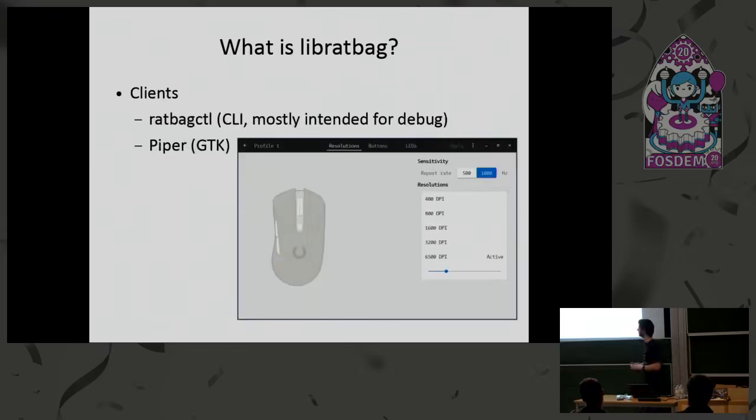For clients, we currently have ratbagctl, which is a CLI client, but it's mostly intended for debug. And we have Piper, which is a GTK client, which is intended to be a proper client for end users.